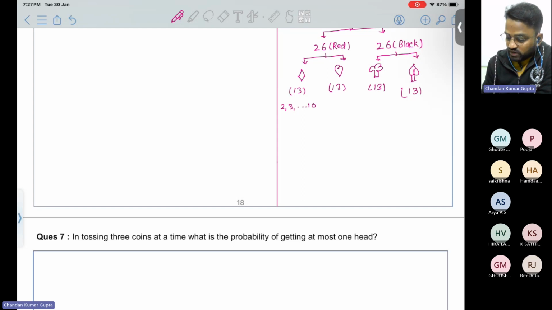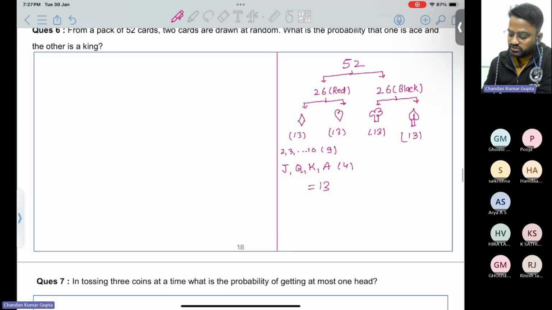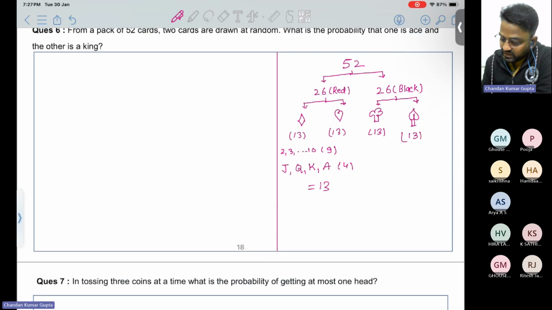Out of 13 cards, one card has 2, one has 3, one has 4, 5, and so on up to 10. So there are 9 cards, and there are still 4 cards: Jack, Queen, King, and Ace. So this is 4 cards, and total 13 cards are distributed in this manner. The same applies in heart, clubs, and spades.